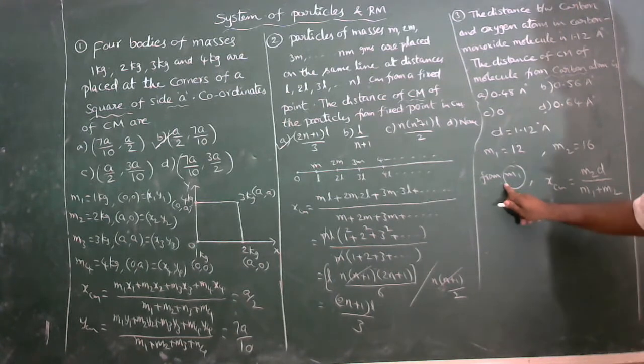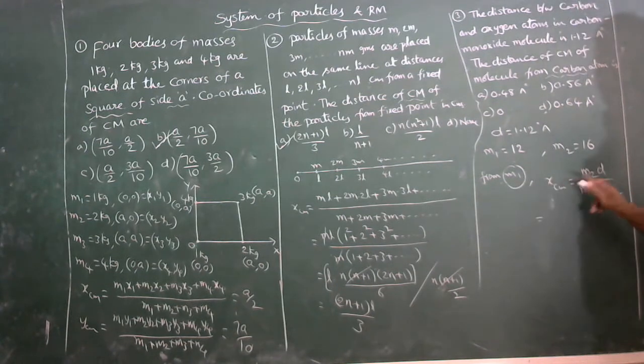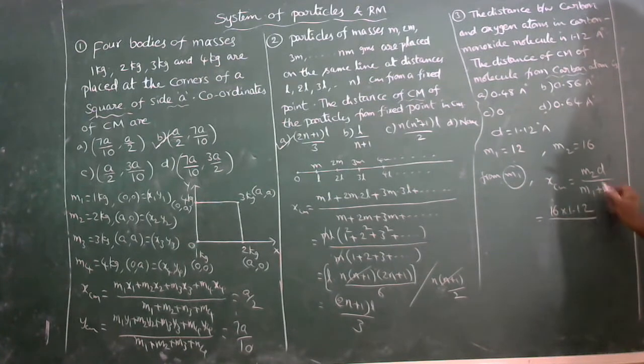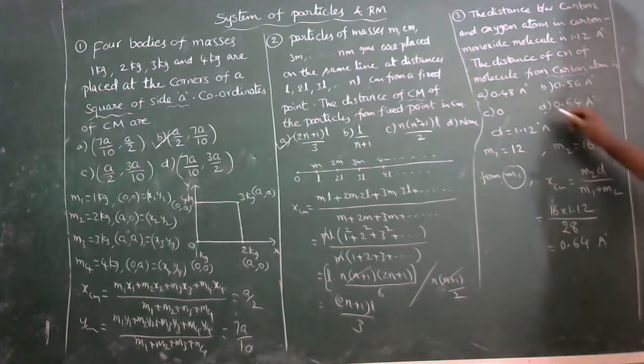Here what is the value of m2? 16 into d value 1.12, over total mass 12 plus 16, 28. After cancellation we finally get 0.64 angstrom. So option D is correct.